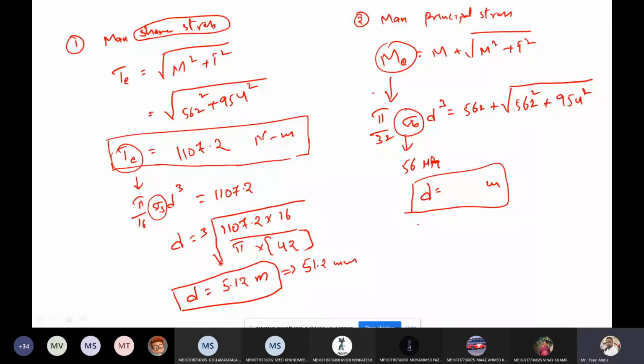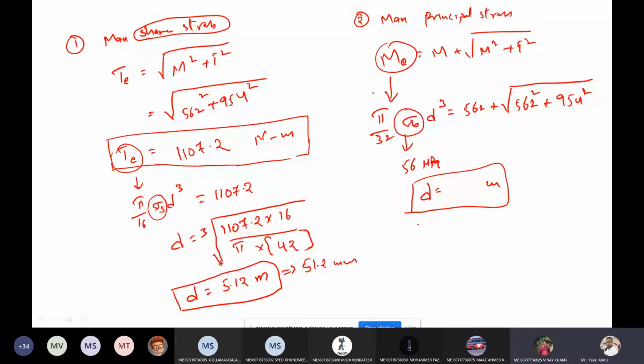Again, you are taking so much time. What is the d value? Atif Babu, are you there? Roll number 3.